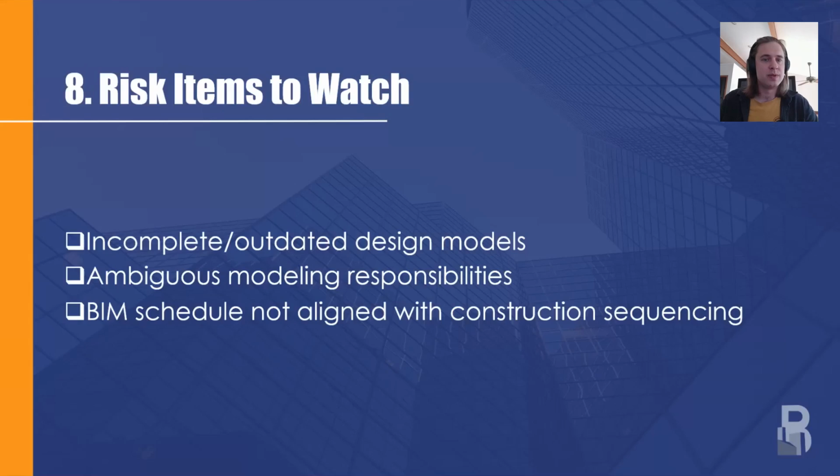So some items to watch out for. The biggest thing is just unclear expectations during the pre-construction effort. If there's just a single line item in your bid package that you receive that says BIM coordination, big red flag. What does BIM coordination mean to that particular general contractor?